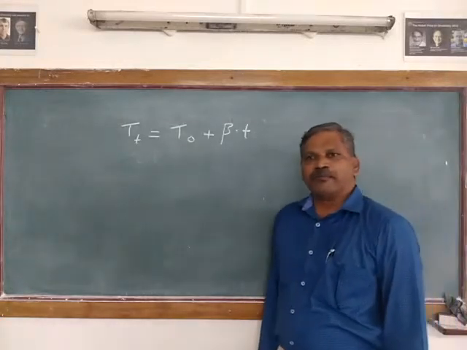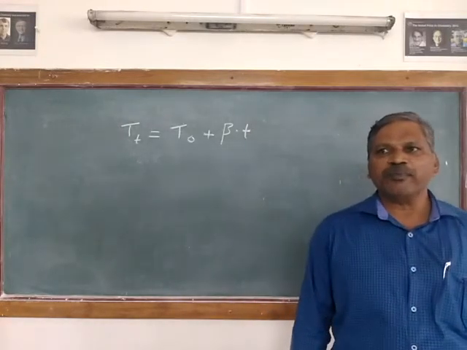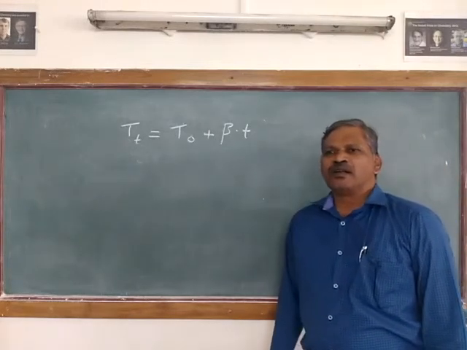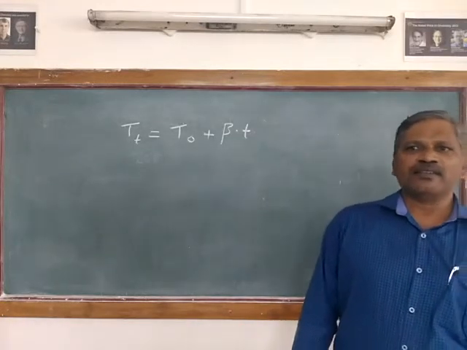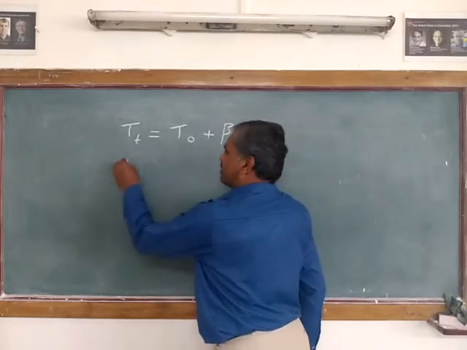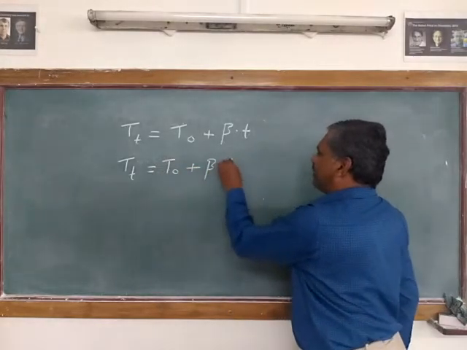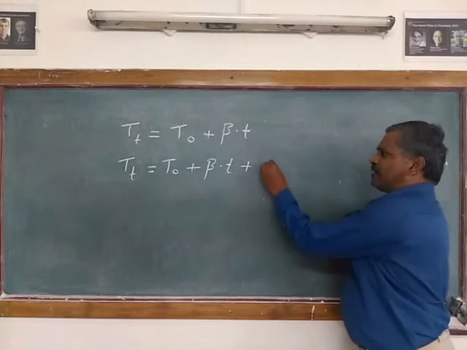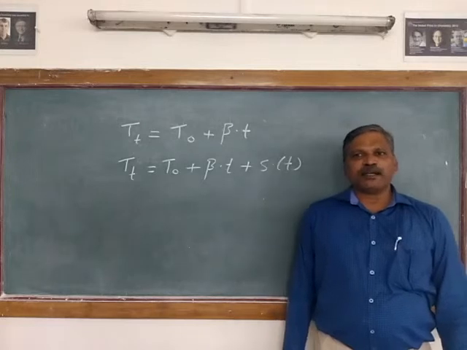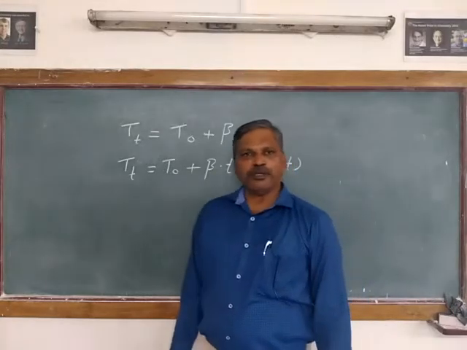For large sample masses, a highly exothermic or endothermic reaction may cause changes in the real sample temperature. Arbanoisi and Segal suggested a modified equation, T(t) is equal to T0 plus beta into t plus S(t), where this S(t) is the difference between sample temperature and the program temperature.